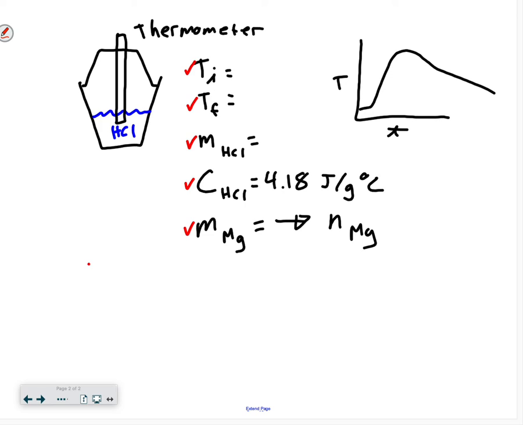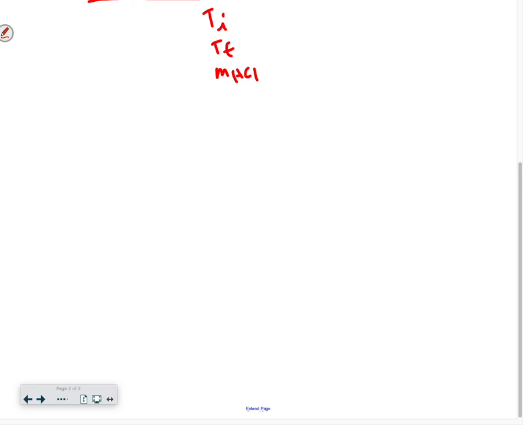Then you'll have to do the same thing again: the initial temperature, final temperature, the mass of the HCl, the specific heat of HCl, and also the mass of your magnesium oxide, which will take you to the moles of magnesium oxide. Okay. So 5 data points on each side.